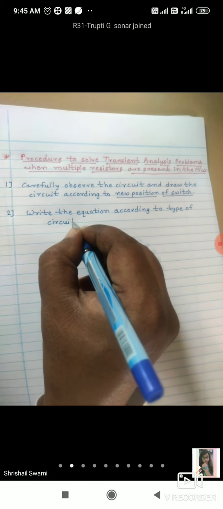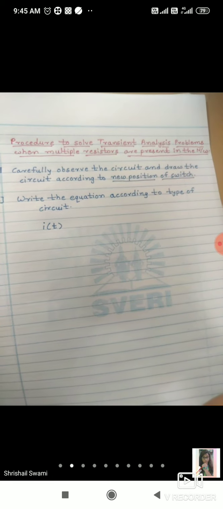Second one, write the equation according to the type of circuit. So this is when separate RL is there or RC is there. So what will be the type of circuit? That is I of t, the total response.